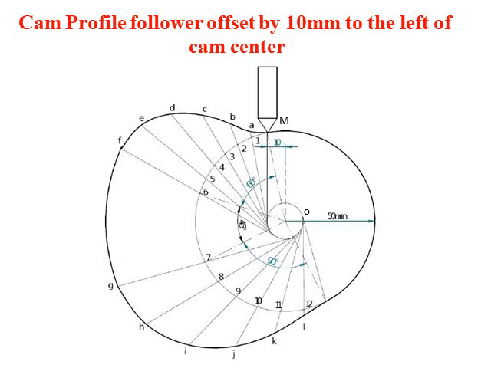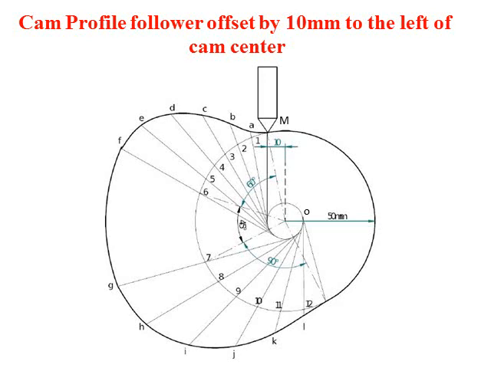Next, as mentioned in the problem, the condition is that the follower is offset by 10 mm, clearly to the left of the cam center. To draw this, again with O as the center, draw the base circle of the given radius, 50 mm.